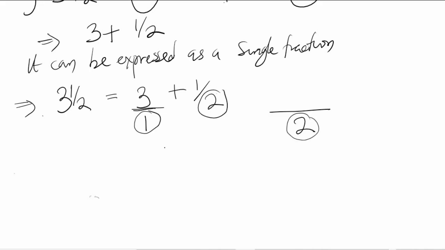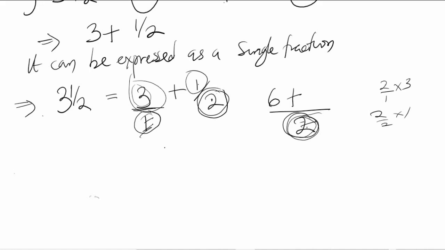You divide 2 by 1 and multiply by 3, which is 6, plus 2 divided by 2 multiplied by 1, which is 1. So the answer is 7 over 2.